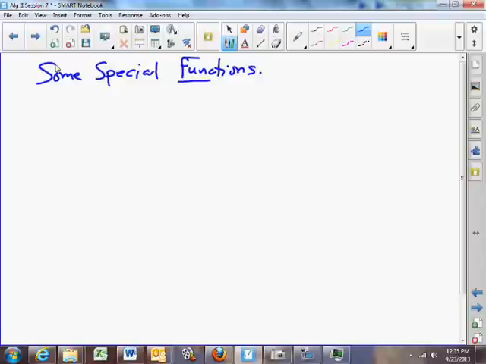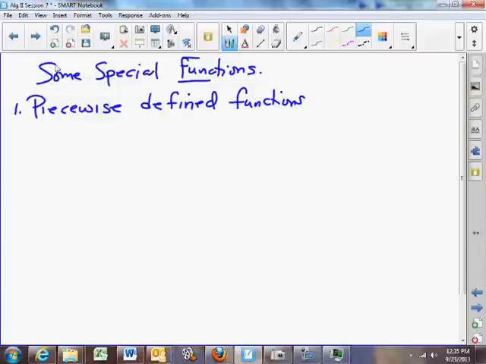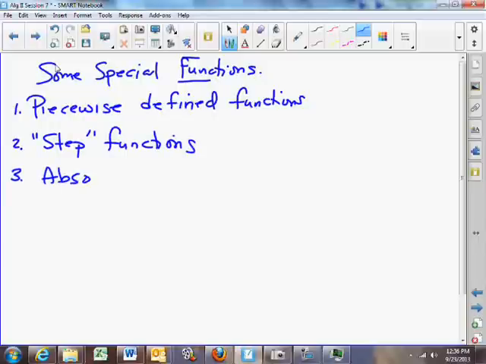Now, the three special functions that we want to talk about today are, one, the piecewise defined functions. Two, a type of functions that we ordinarily refer to as step functions. And three, the absolute value function.